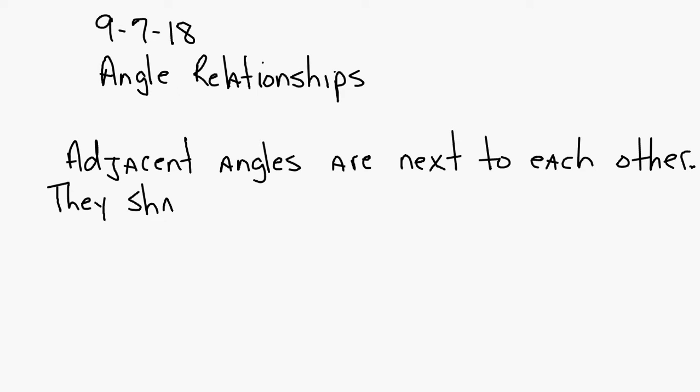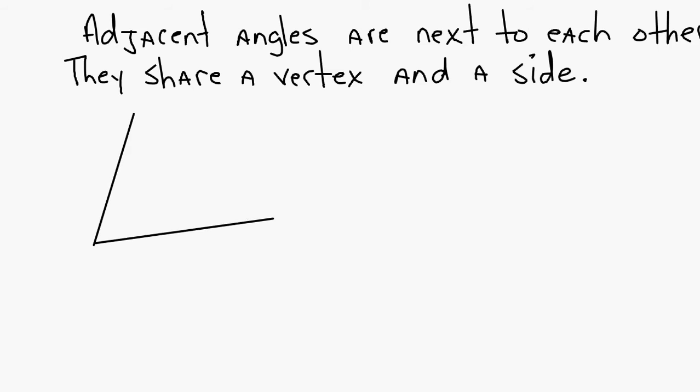They share a vertex and a side. Adjacent, next to. They're next to each other and they share a side. So a picture of a pair of adjacents would look like this.